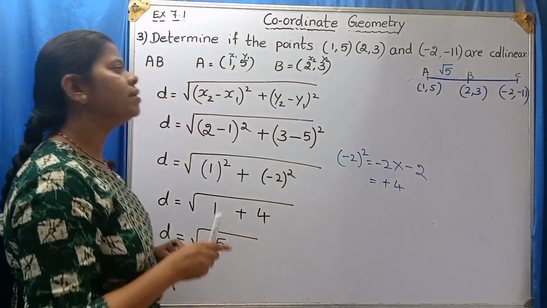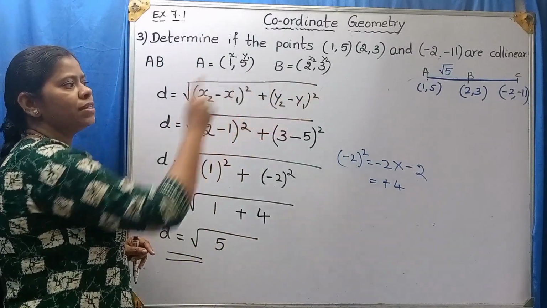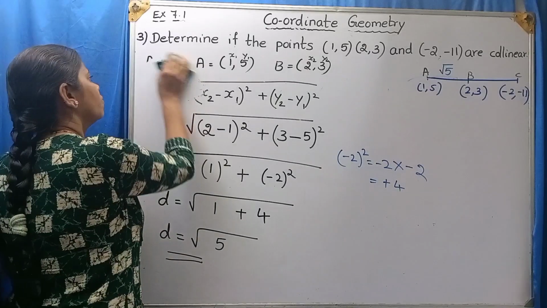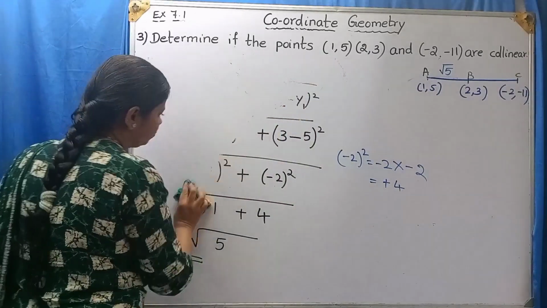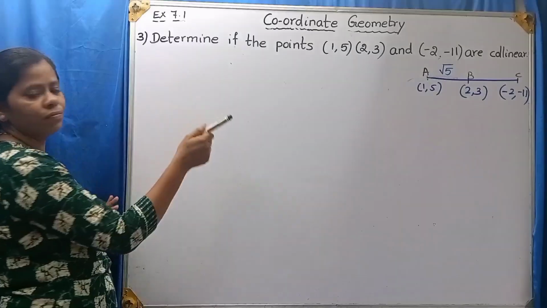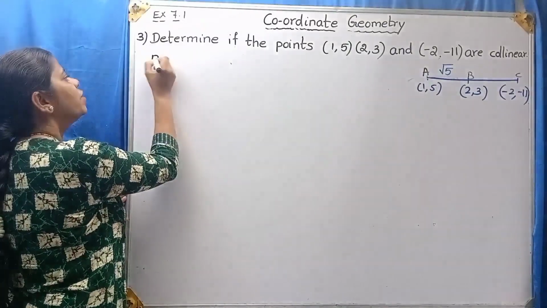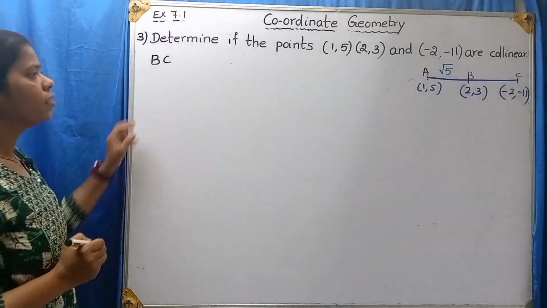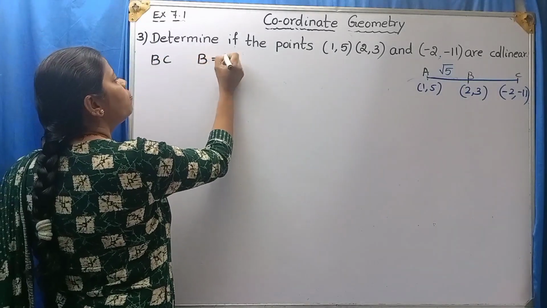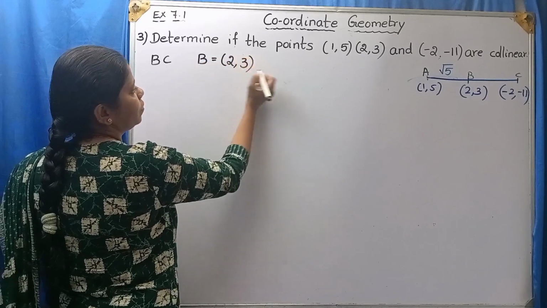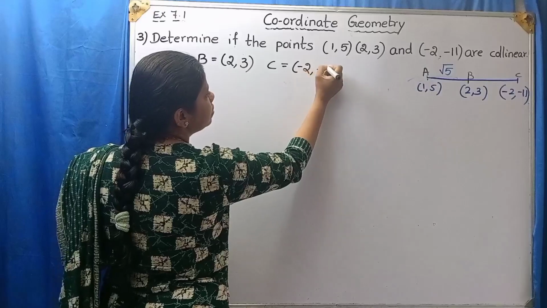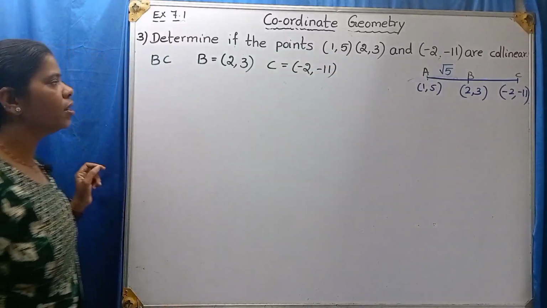Now let us find out the distance between BC. The coordinate of B is (2, 3) and the coordinate of C is (-2, -11).